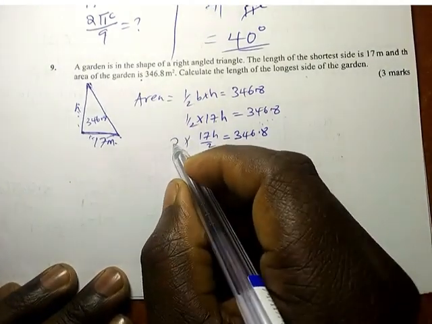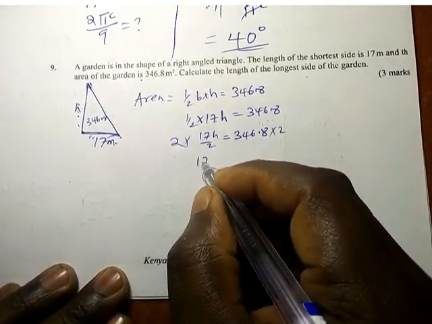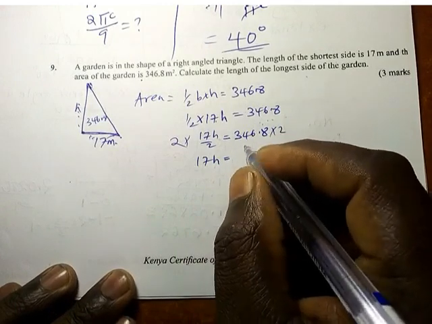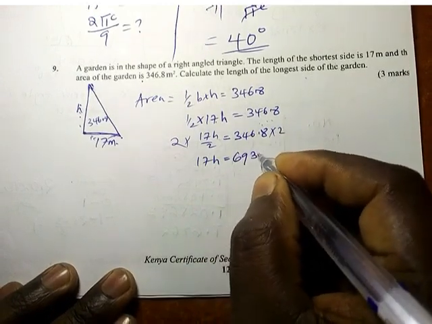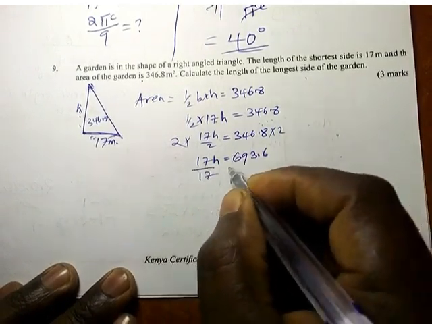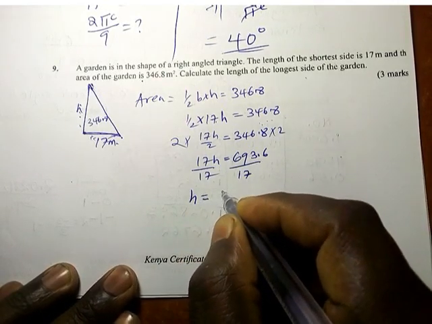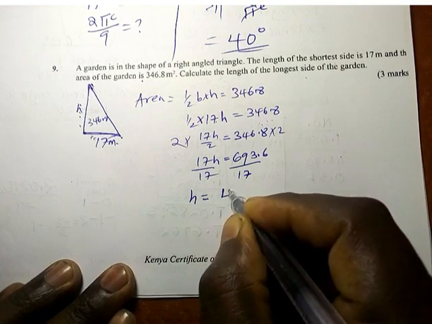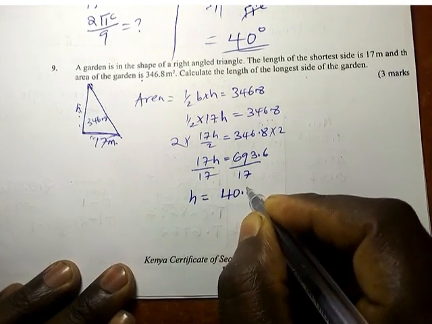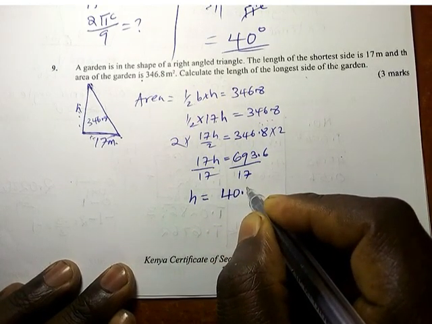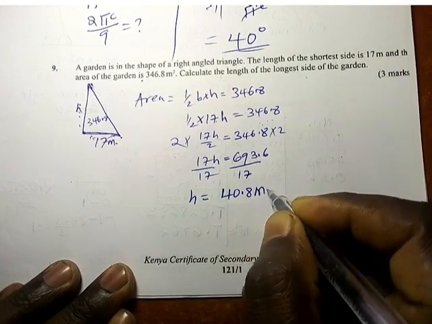We times 2 here, times 2 there. So 17h is equal to 693.6, divided by 17, and h equals 40.8 meters.